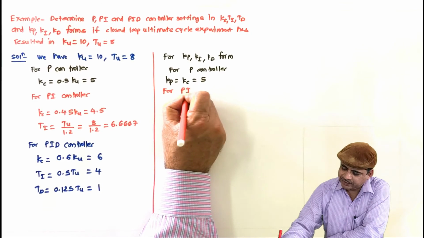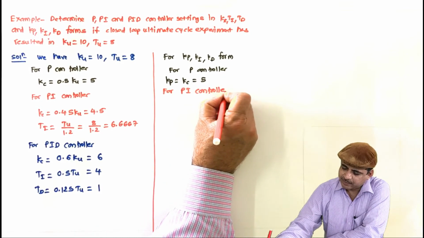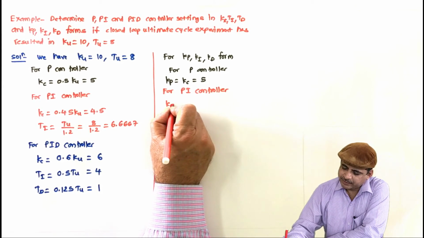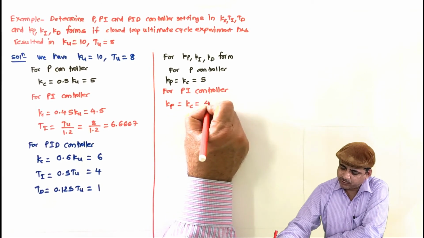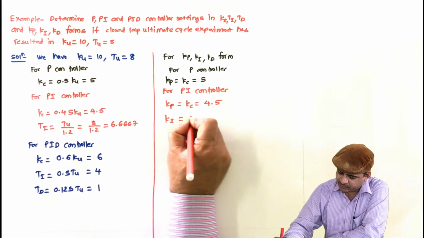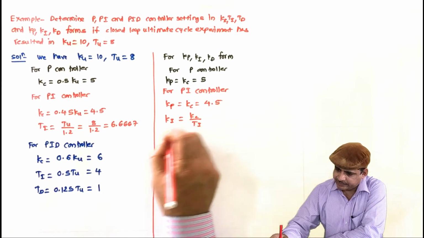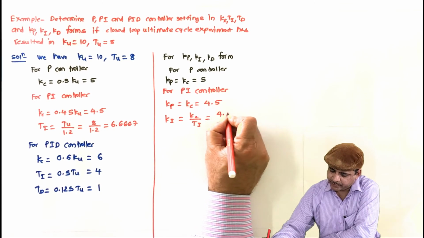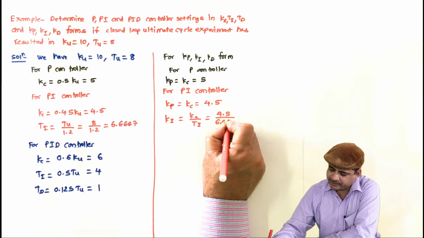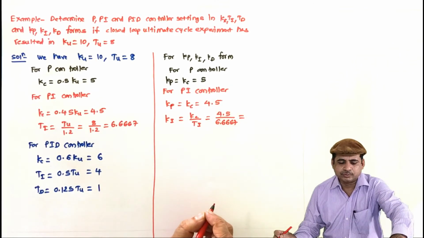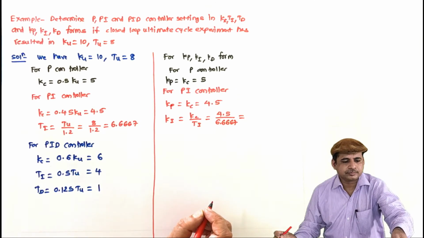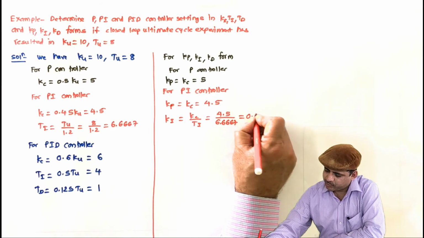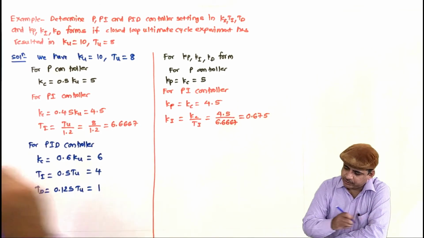For PI controller, Kp is equal to Kc is equal to 4.5, and Ki is equal to Kc by Ti, so that is equal to 4.5 divided by 6.6667, which is equal to 0.675.